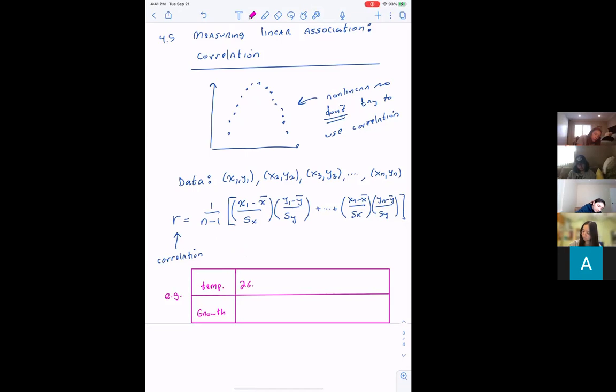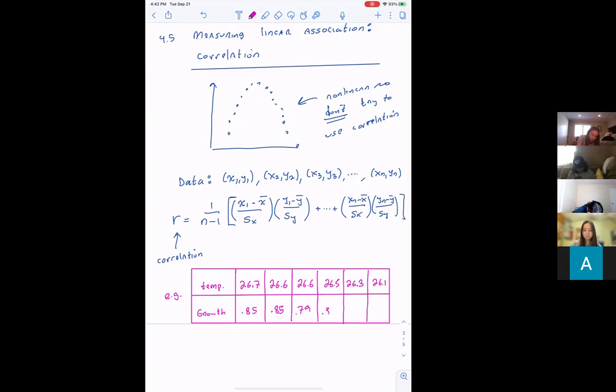It measured 6 temperatures. And it also measured the growth in whatever units that we're dealing with here. I would assume that's Celsius.